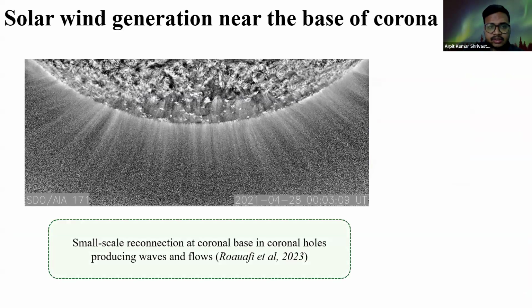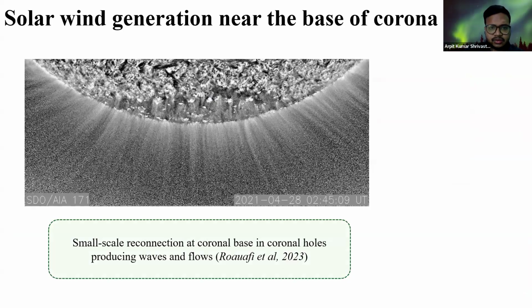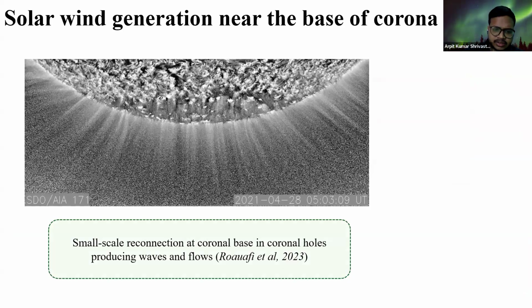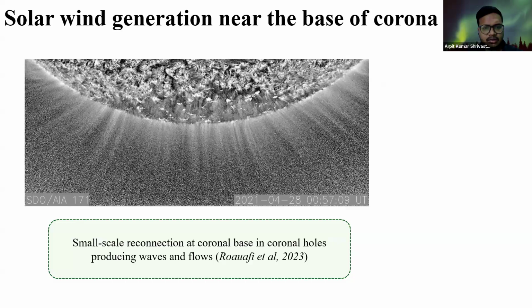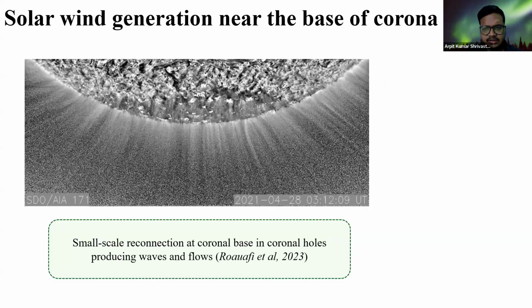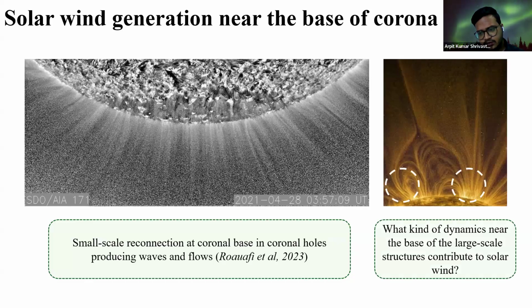If you look at the observation near the base of the solar corona, you will see that there is small scale reconnection at the base, which can produce waves and flows. But what happens in the large scale structures? Do we see such kind of things? We don't know. So what kind of dynamics we see near the base of large scale structure, which can contribute to solar wind, is one of the questions we are trying to understand.